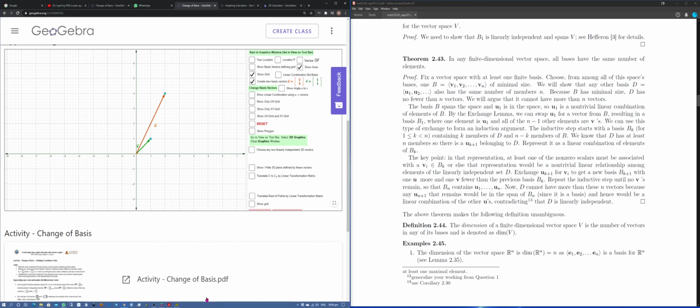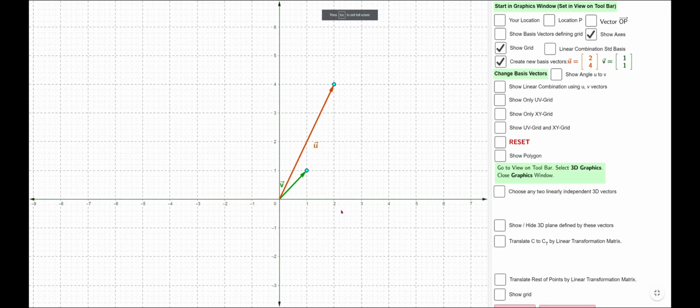I was saying previously that R2 is two-dimensional, because you have an x-axis and a y-axis and you're in the plane, which is basically flat.